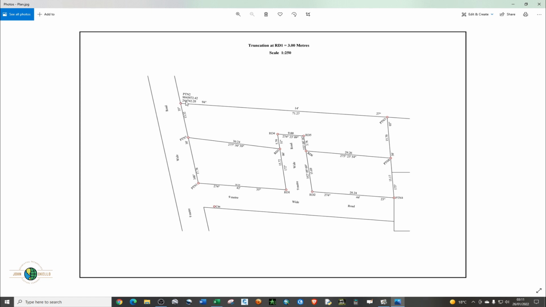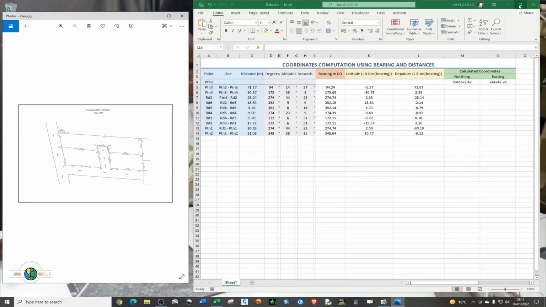We have already known coordinates. Now we have calculated the change in northing and change in easting. We are going to add the latitude to northing and the departure to easting to find the new coordinates, which is PTN 3. So that's what we're going to do here.